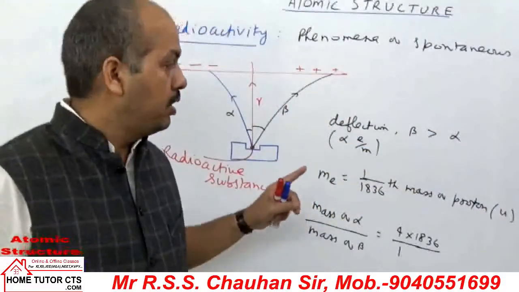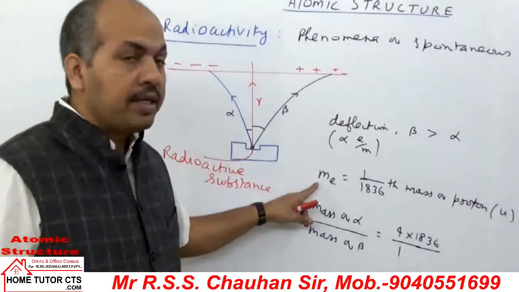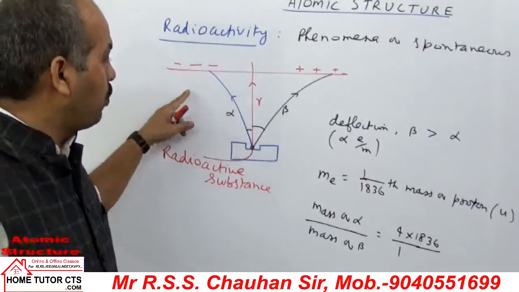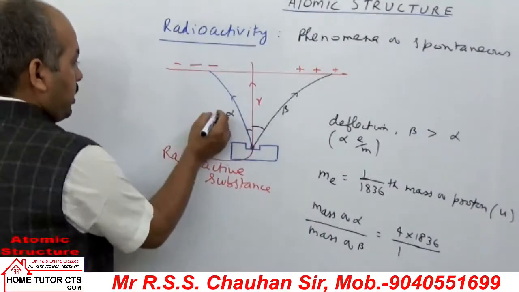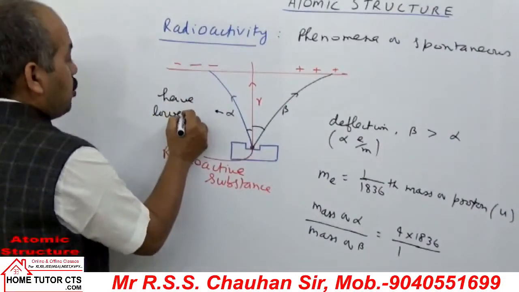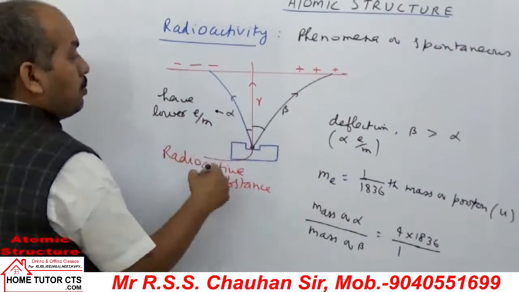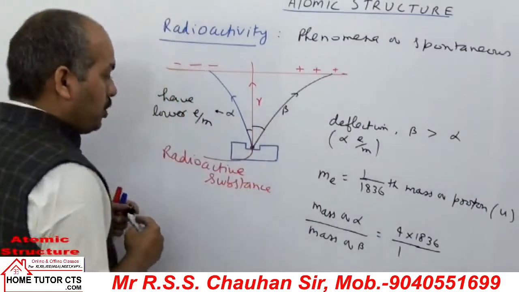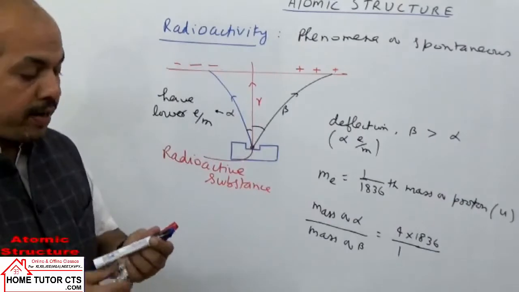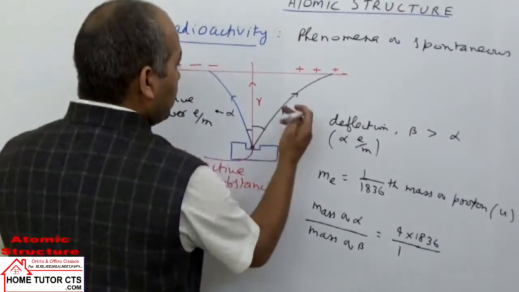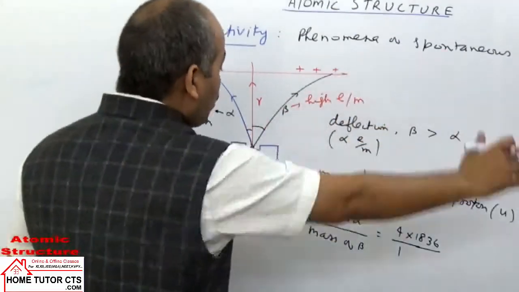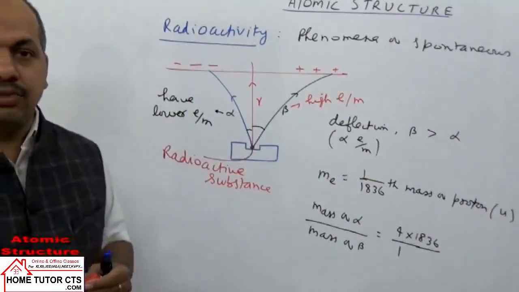For that reason, alpha particles show lower deflection, because they have a lower charge to mass ratio, while beta particles have a high charge to mass ratio. The angle of deflection depends directly on the charge to mass ratio. So beta particles, due to the high e by m ratio, show more deflection in the electric field.